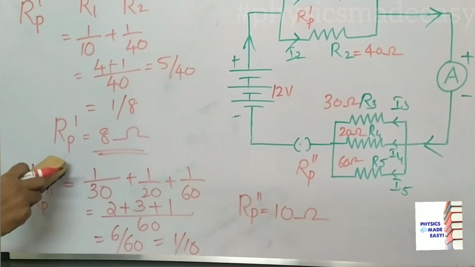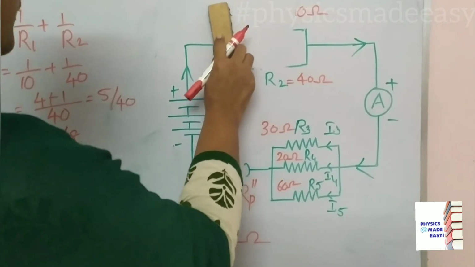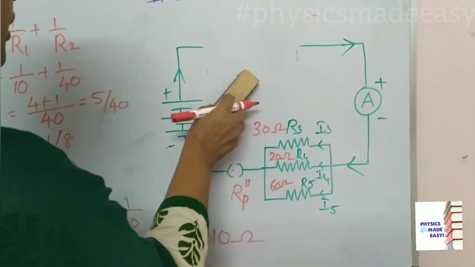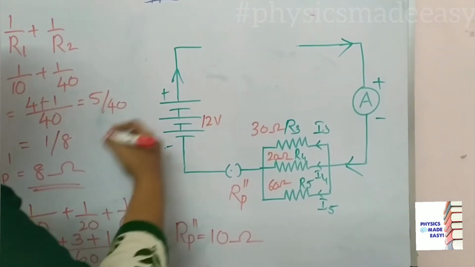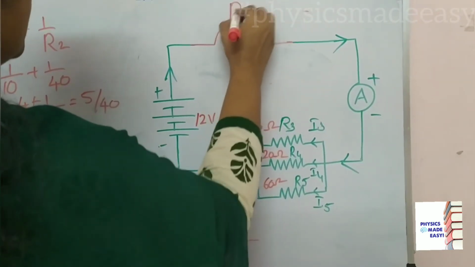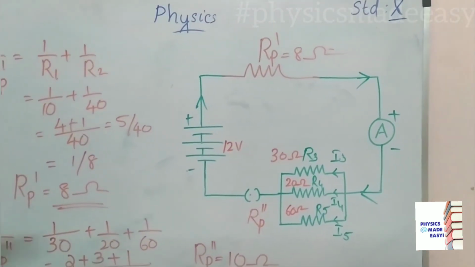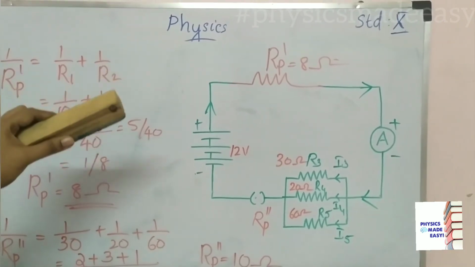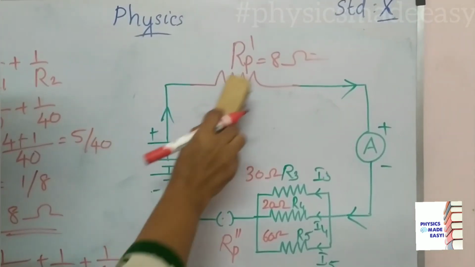So Rp' is 8 ohm, and that is the effective resistance of these 2 resistors. Then how can we connect that resistance? Here you can see this one is Rp', equal to 8 ohm. So the first combination of R1 and R2 is replaced by Rp', its value 8 ohm.